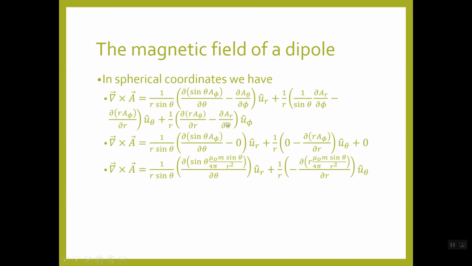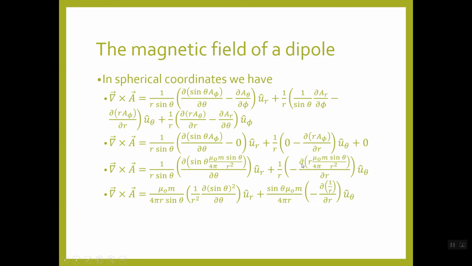Now I plug in what the A phi term was, mu naught over 4 pi, m sine theta over r squared. And again over here, mu naught m sine theta over r squared over 4 pi. And then this is just a derivative in terms of theta. I take everything out except what depends on theta, so I have a sine theta squared.